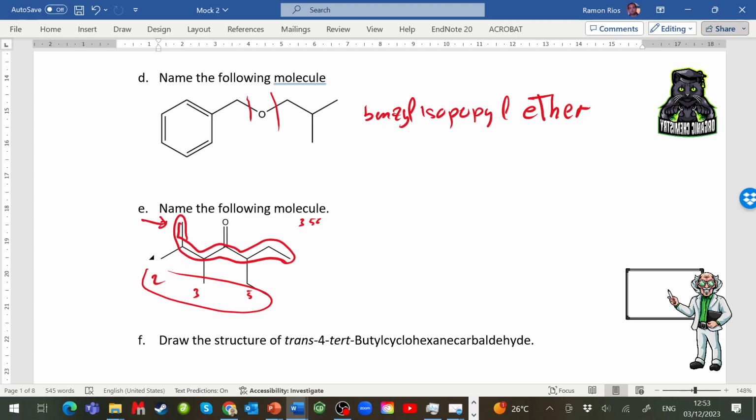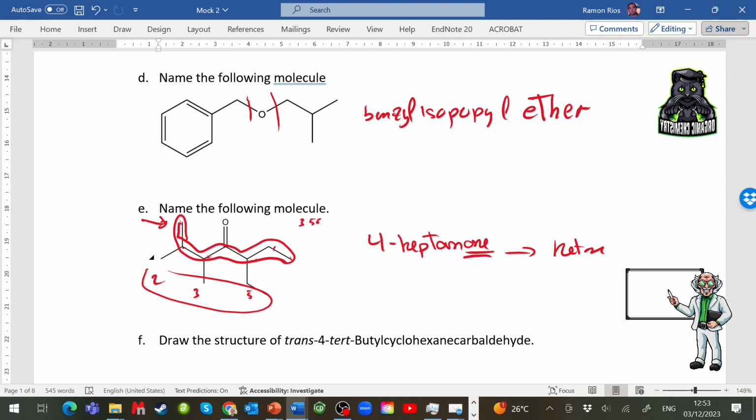That means this is 1, 2, 3, 4, 5, 6, 7: heptanone, because it's a ketone. And now I number the position of the ketone, that is 1, 2, 3, 4, so 4-heptanone.